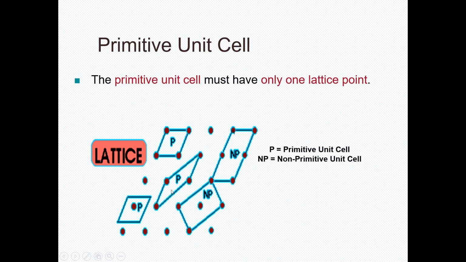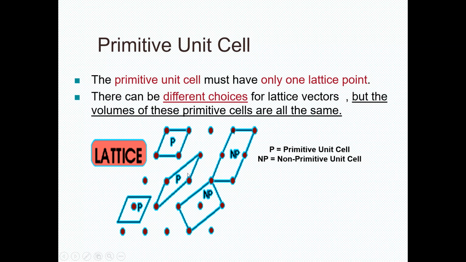A primitive unit cell must have only one lattice point. Here you can see all these primitive cells have only one lattice point. What about the non-primitive unit cell? The non-primitive unit cell has more than one lattice point. There can be different choices for the lattice vectors, but the volumes of these primitive cells are all the same.